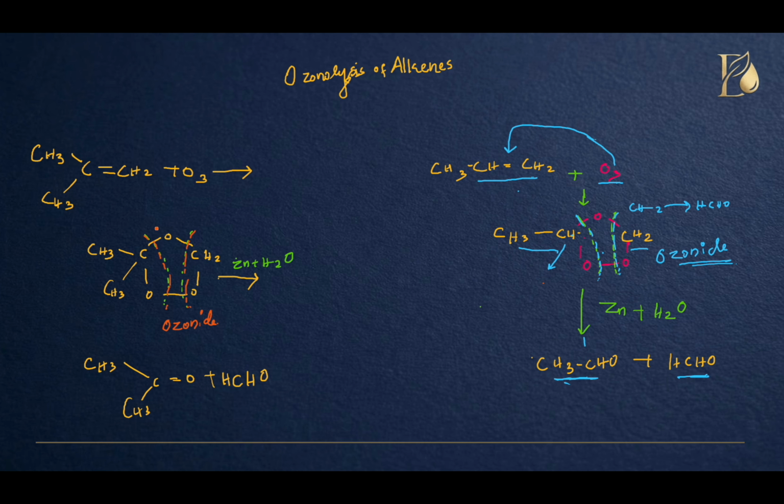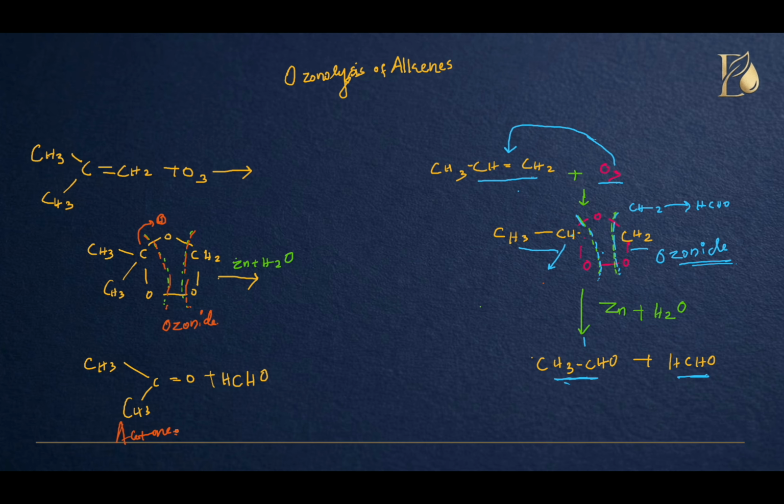When ozone is added, it makes the ring; in the presence of zinc dust and water, it breaks the ring. While it breaks, if there is a hydrogen atom, it will produce an aldehyde. But in this compound, this carbon atom doesn't have any hydrogen atom, so it will produce the corresponding ketone. So what will be the ketone? CH3COCH3. This is acetone, right?